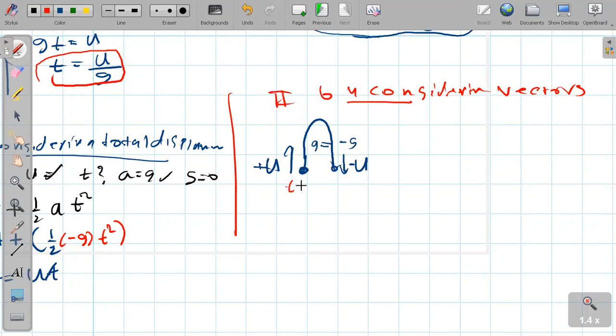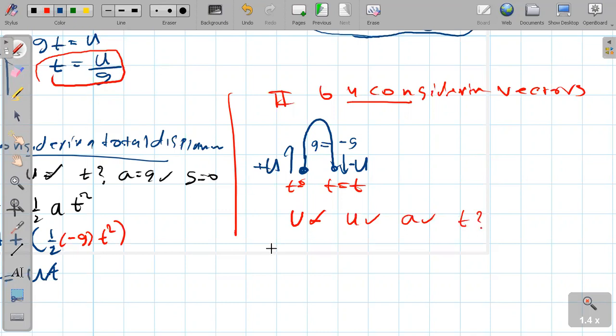At t equals 0 and now t equals some time t. This is really easy because v, u and a are there, and time is the one I want.